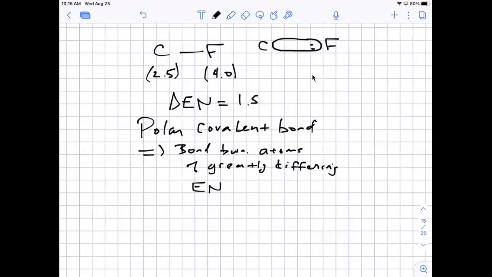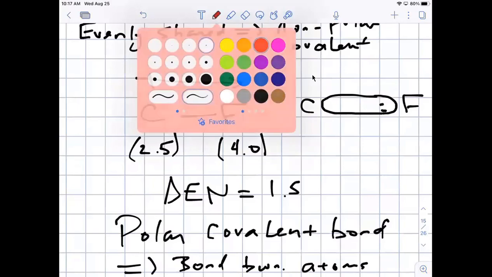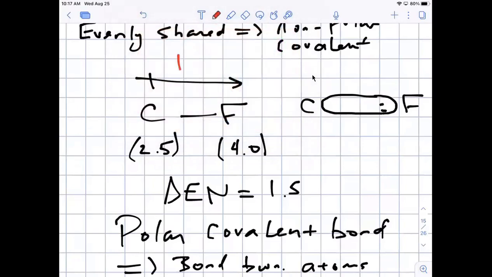So highly electronegative atoms tend to polarize bonds. If you have a polar covalent bond, then that bond is polarized in the direction of the more electronegative atom. So I'm going to draw an arrow to here. This is called a dipole arrow. Di meaning two, pole in reference to the polarity.